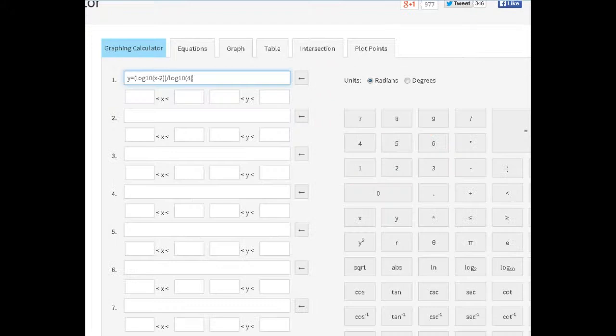Okay, one more. Okay, this last one was a little tricky because I wasn't quite sure how to put it in there. So I used the change of base formula, and I put y equals log base 10 of x minus 2, divided by log base 10 of 4.